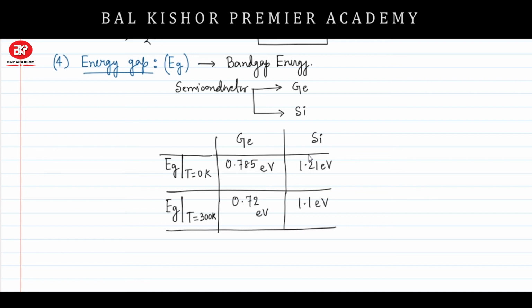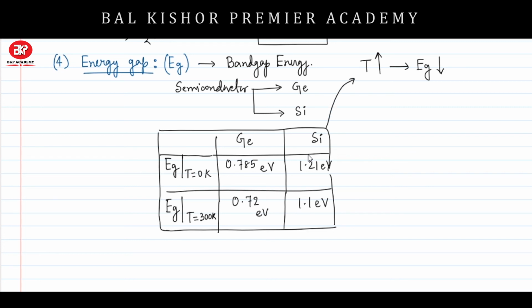So we can see that as the temperature increases, the bandgap energy of the material decreases. This table is the practical data of the silicon and germanium. From this table we can see that the temperature is increasing but the bandgap energy is decreasing.